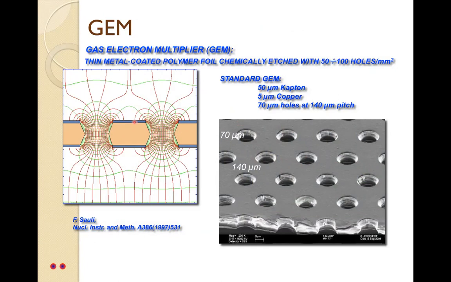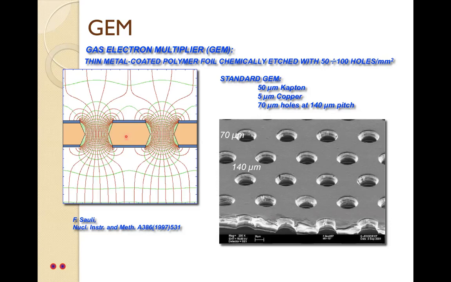So this is very thin. That's why we are calling it GEM foil. Foil means like aluminum foil, so they are very thin. So the total thickness of one GEM foil is only 60 micron.